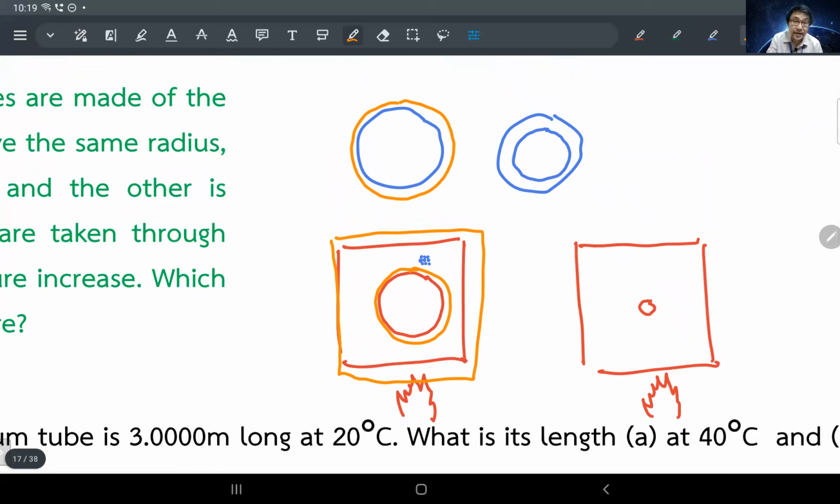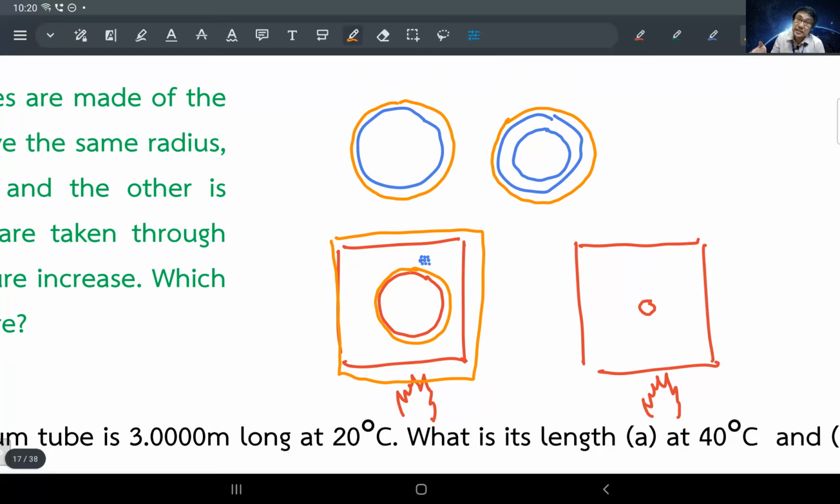But because the molecules don't know whether there is a hole or not, they're going to get larger by the same amount. Even though you might be able to argue to me, hey, Ajahn, it's impossible for these two cases to be exactly the same. Yeah, you're right. But we already tried to work around everything under first order approximation. So up to the first order approximation, you would say they are the same.